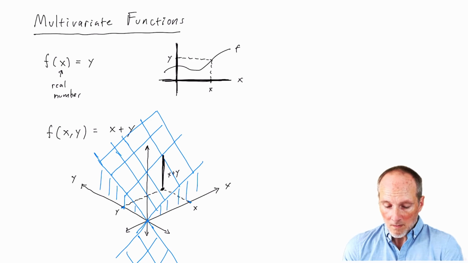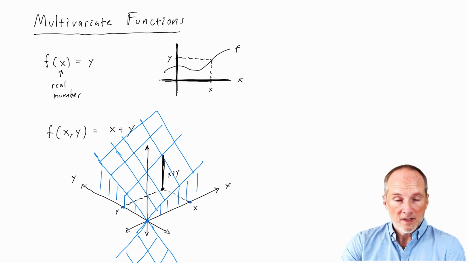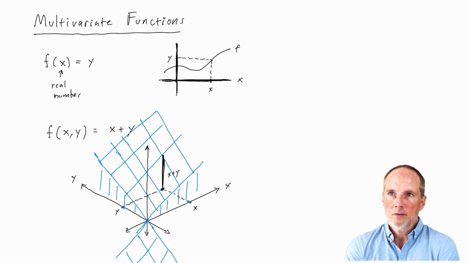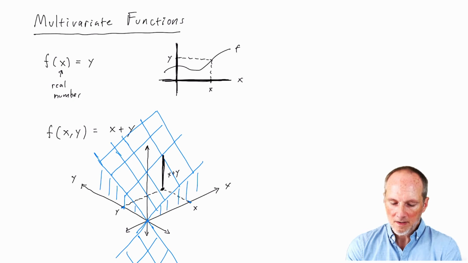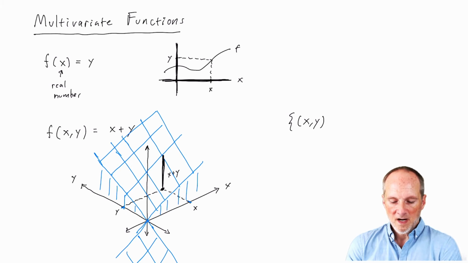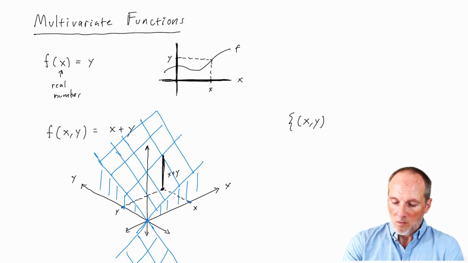A different way of picturing multivariate functions, though, would be to say, well, let's pick a value of like 7 and ask, if we look on the Cartesian plane at these xy pairs, what are the xy pairs such that x and y add up to 7?